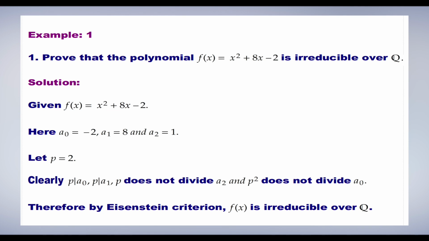Here, a0 is equal to -2, a1 is equal to 8 and a2 equals 1. Let p be equal to 2. Clearly, p divides a0, p divides a1, p does not divide a2 and p^2 does not divide a0. Therefore, by Eisenstein criterion, f(x) is irreducible over Q.